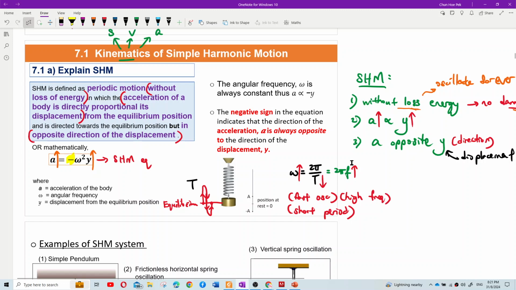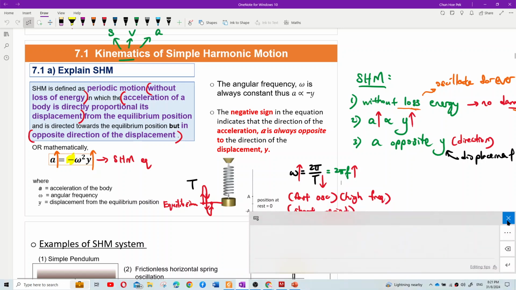High omega, high frequency, short period. That means this is a fast oscillation. If fast oscillation, you will have high omega, high frequency, low period. Low period means short period. That means it uses very little time to complete one oscillation, so it's a very fast oscillation.